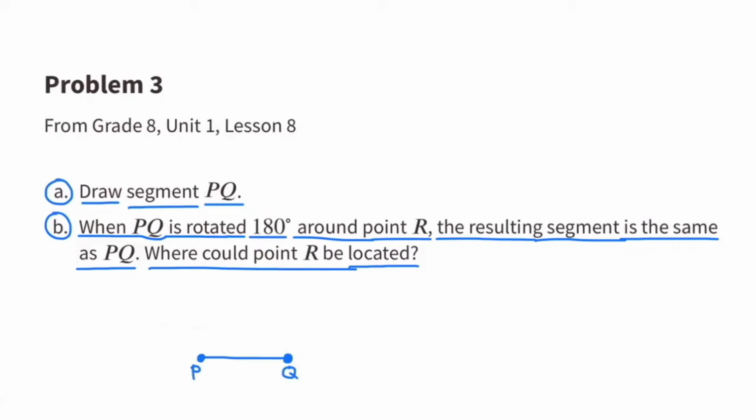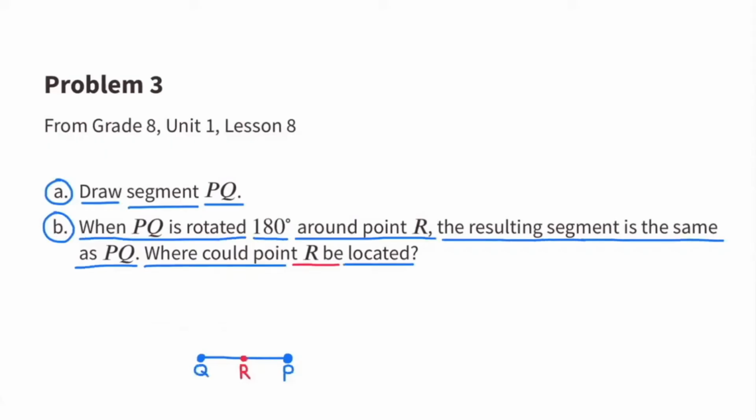Where would point R be located? So if I rotate this line segment 180 degrees, they would ultimately be switching places. So Q would be in place of P, and P would be in place of Q.